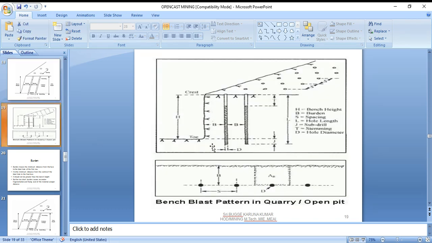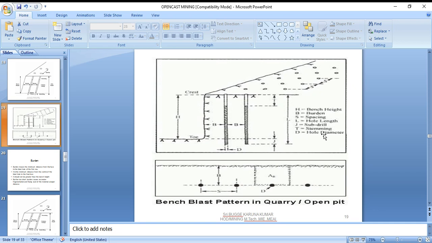One more example I am showing here, I already showed it earlier. So here the nomenclature is H equal to bench height, B is the burden, S is the spacing, L is hole length, J is the subgrade drill or subdrill, T is the stemming, capital D is the hole diameter.